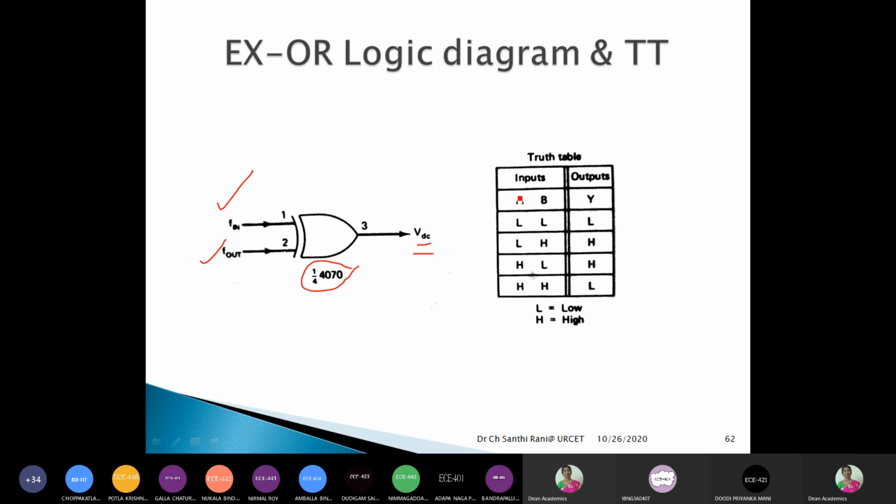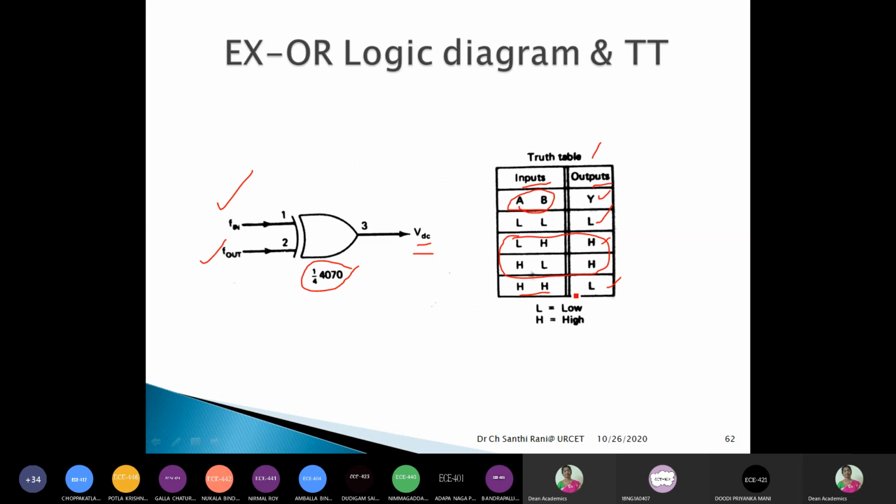Let us have a glance at this truth table. We have inputs and outputs. Inputs are named A and B, and output is named Y. When both inputs are low, output is low, and when both inputs are high, output is low. But it is an exclusive OR gate. That means when we have exclusive inputs, that is, both inputs are different, we will get output high. If we have the same inputs, output is low.